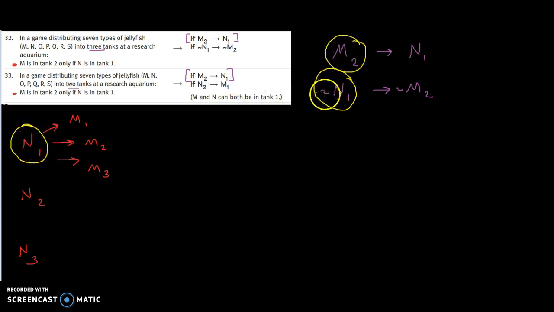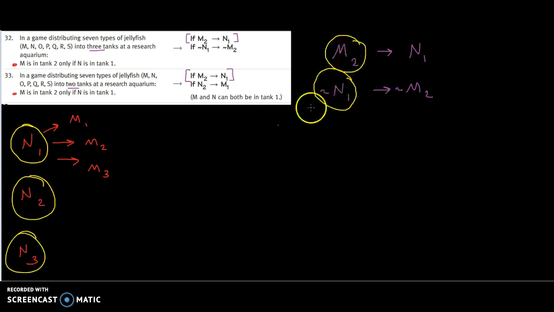I have something for when we don't have N1, but what does that mean? Then I still have a couple of options. I still have N2 and I have N3. There's really no deductions I can make. So we can't make any deductions about what happens with N1. And the same logic goes for N2. N2 does not exist here. Nothing we can deduce about N2.